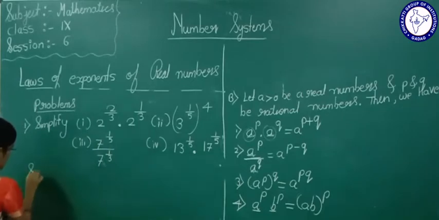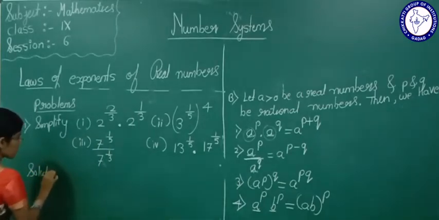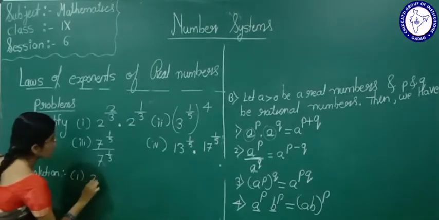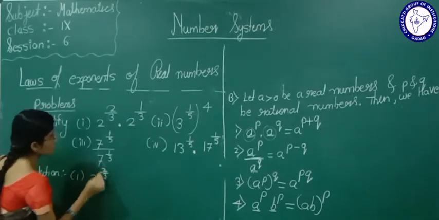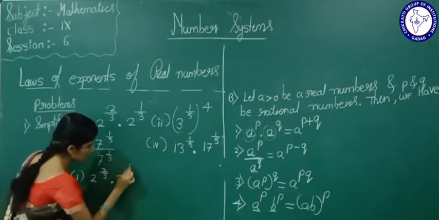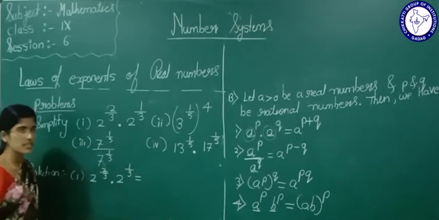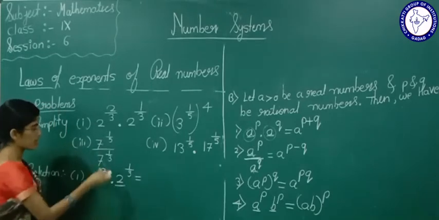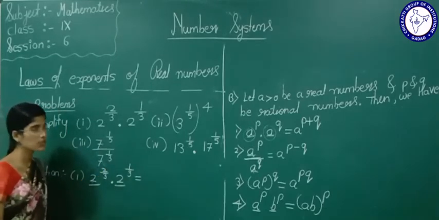See here, solution. First one, see what they gave: 2 raised to 2/3 multiplied by 2 raised to 1/3. Now see here, the bases are the same but the indices are different. Which law will we use here?